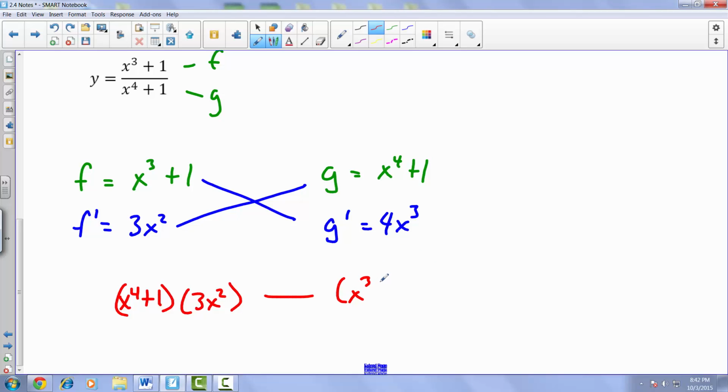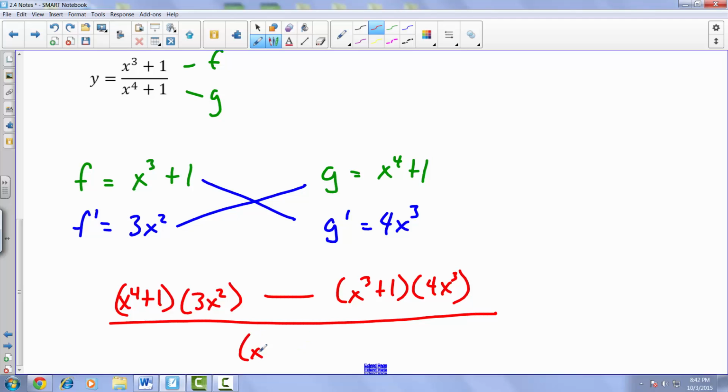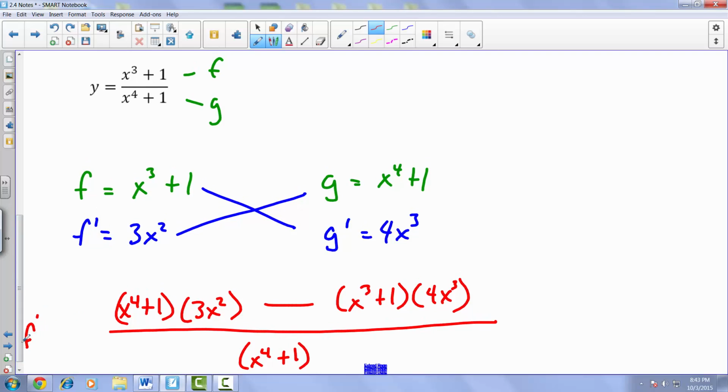That's x cubed plus 1 times 4x cubed all over low low. In other words, your g function squared. So x to the fourth plus 1 squared. And again, this would be our derivative for our function.